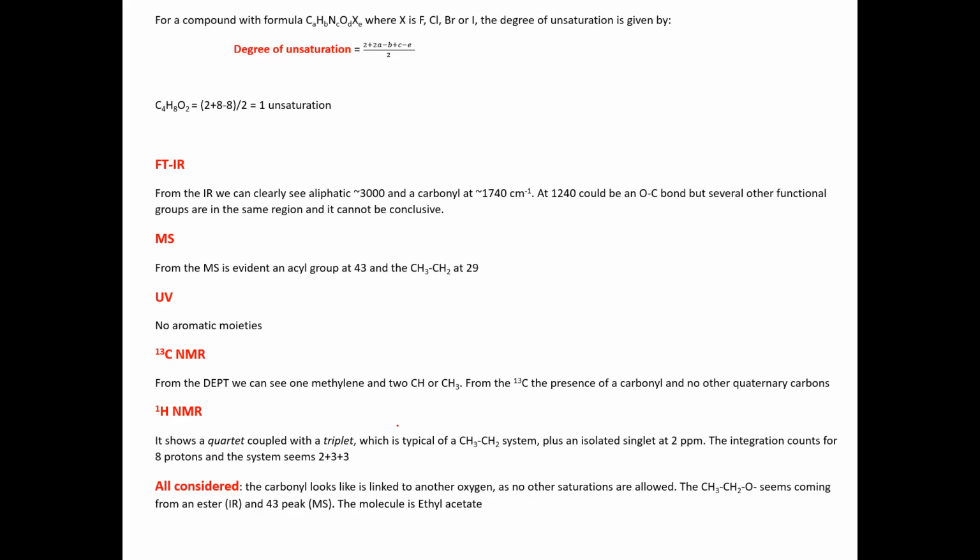We have one unsaturation, and that unsaturation must be the carbonyl. This part seems to come from an ester, which is confirmed by IR and the 43 peak. So the whole molecule is simply ethyl acetate. You write this, and if you give me all this kind of information, you get full marks.